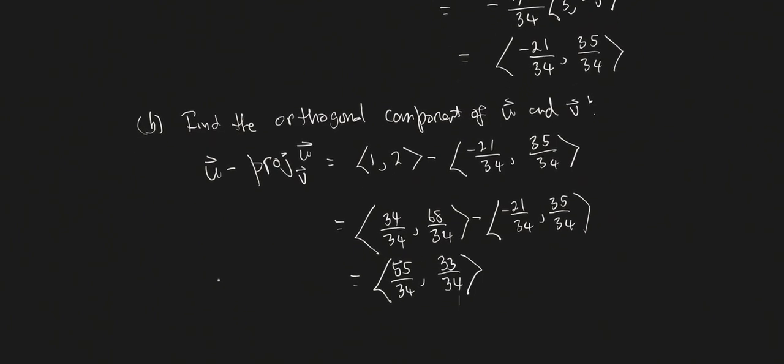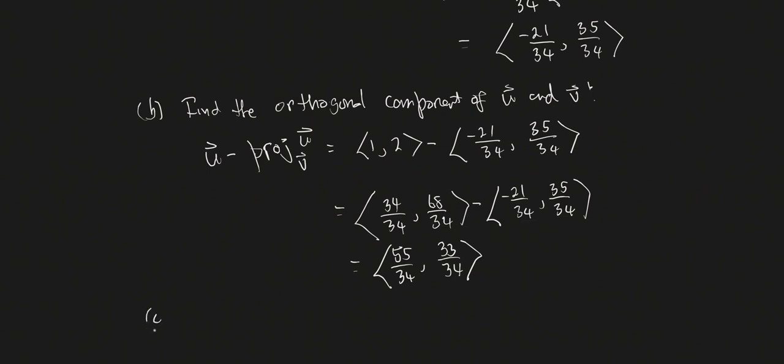And then the last thing we'll do, let's do part C. Let's find the projection of v onto u, just to illustrate that it's not necessarily going to be the same. It could be, but it doesn't have to be.